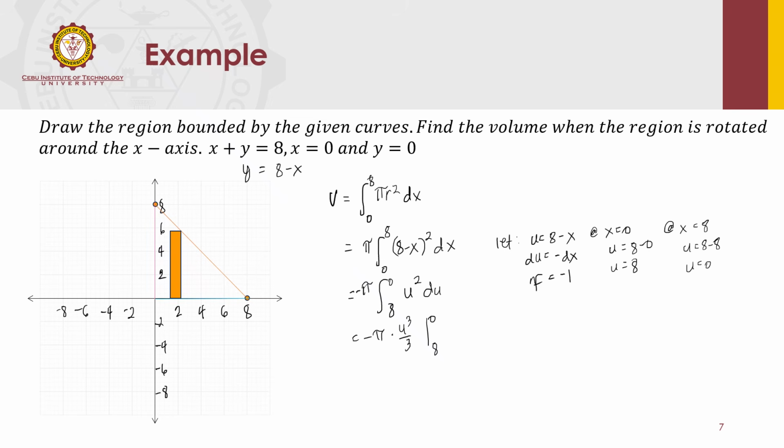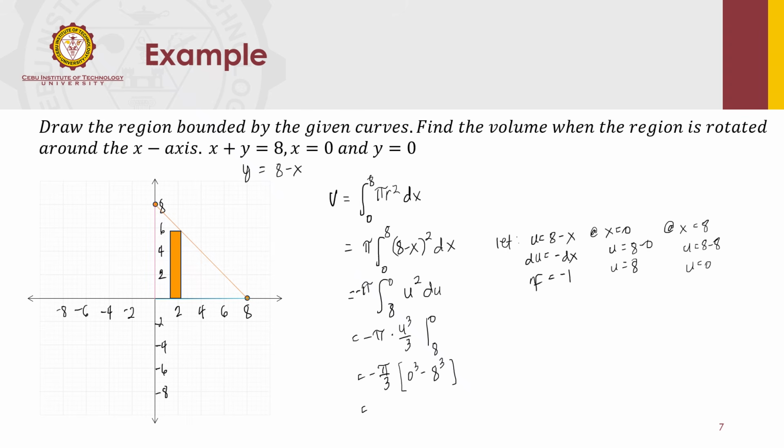So just put the constants here and focus on u cubed. It's 0 cubed minus 8 cubed. So that's negative times negative, so positive.